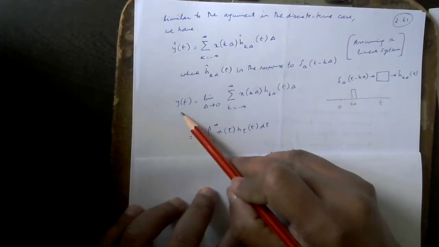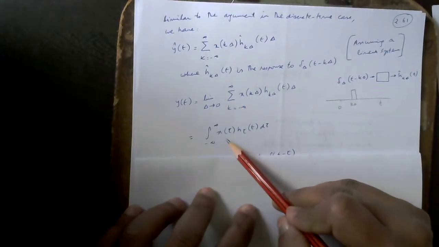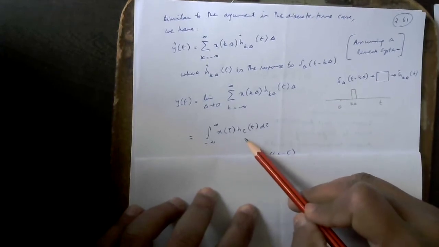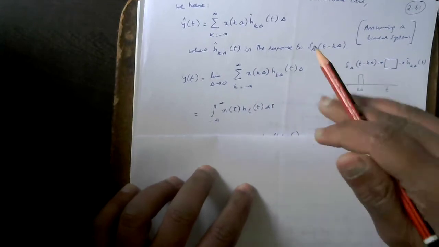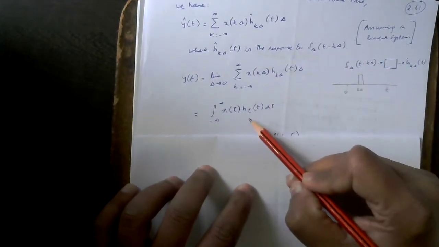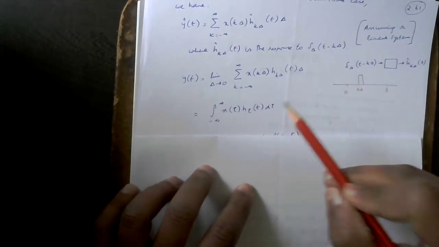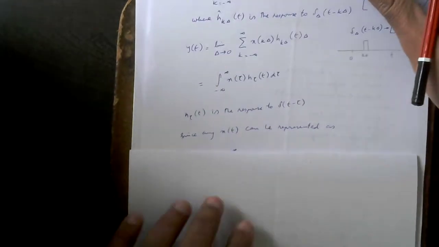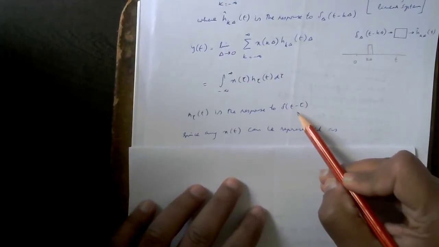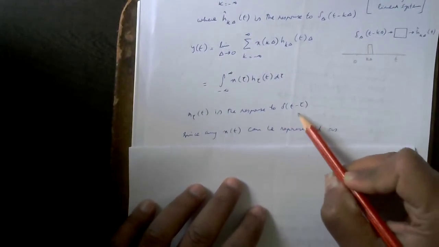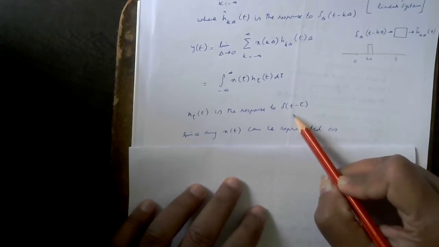So this is my y of t. Okay. So h tau of t represents the response to a delta function located at tau. Yeah, h tau of t is the response to delta of t minus tau. Okay. So remember, we are seeing these as functions of tau. So this is the delta function located at tau.